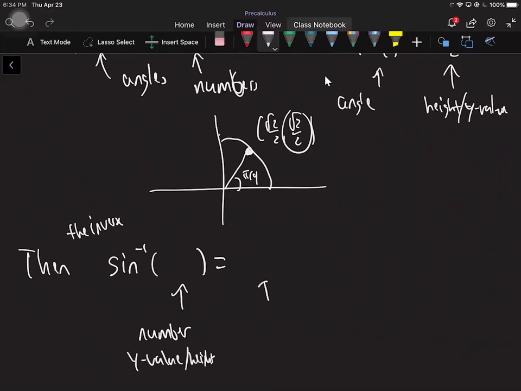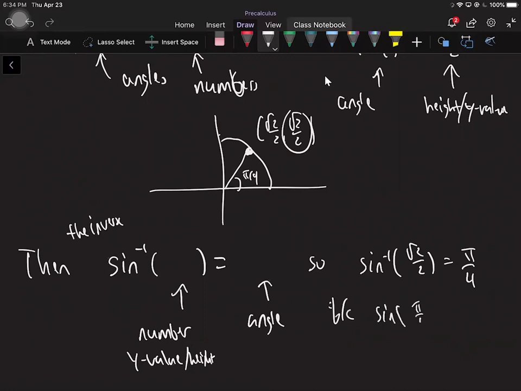And then the angle that gave you that height should be the answer. So we should have something like this. Oh, sorry, not pi over 6, pi over 4, because it's just doing the opposite of whatever sine did to pi over 4. So that's how inverses work. So that's how it should work for trig functions too.